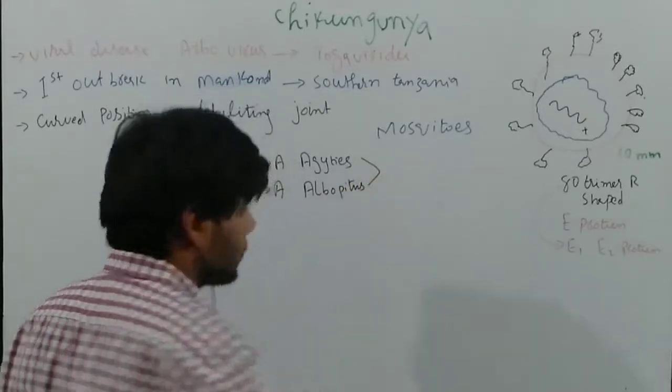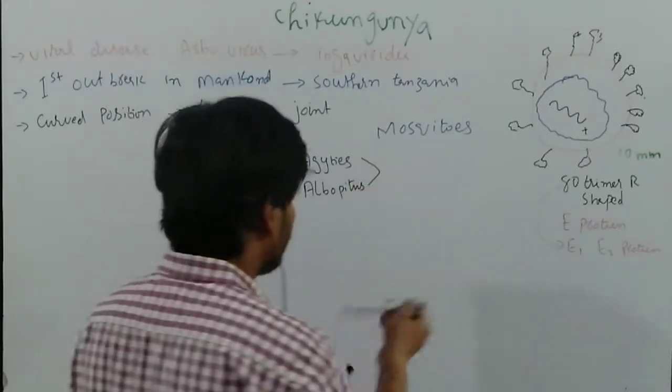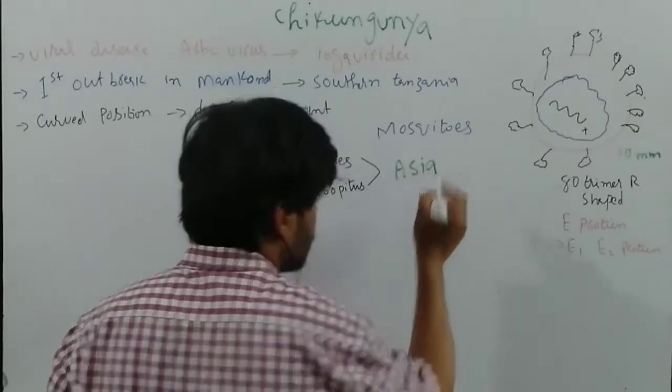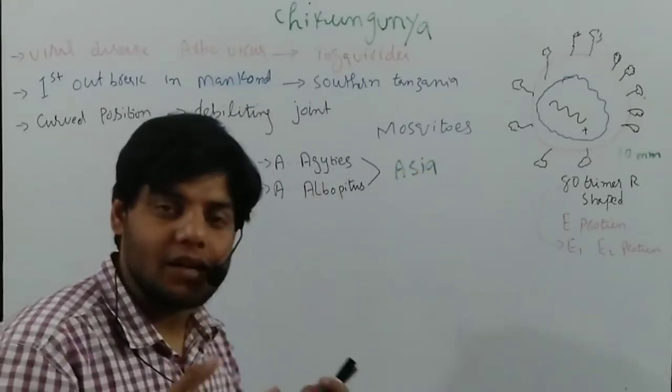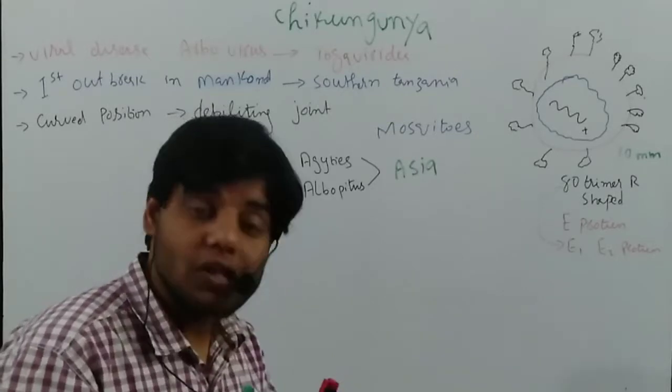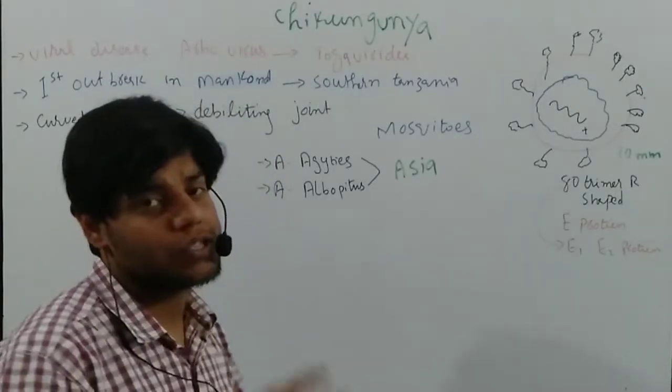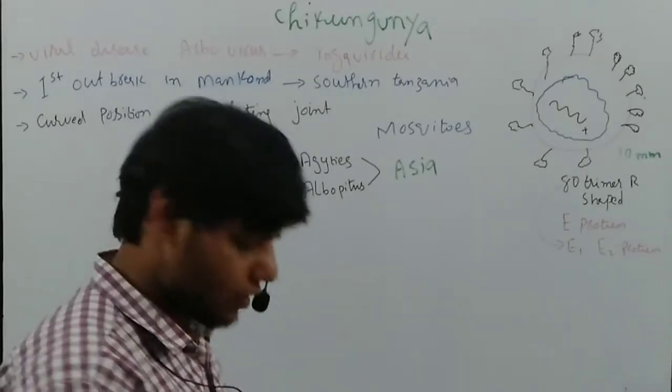Usually these two mosquitoes are most commonly present in Asia. So in Asia, Chikungunya is usually caused by Aedes aegypti and Aedes albopictus because they are usually found in Asian countries.